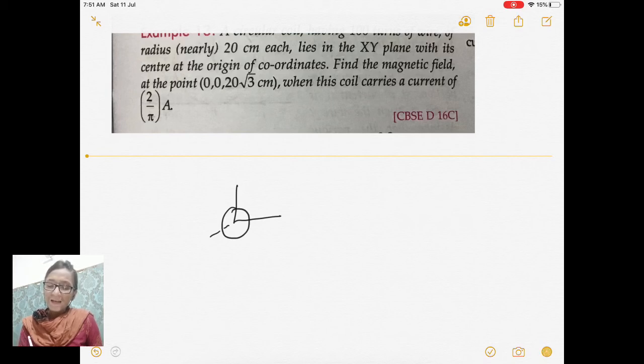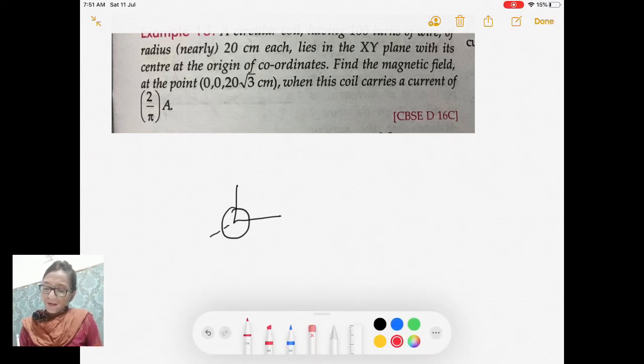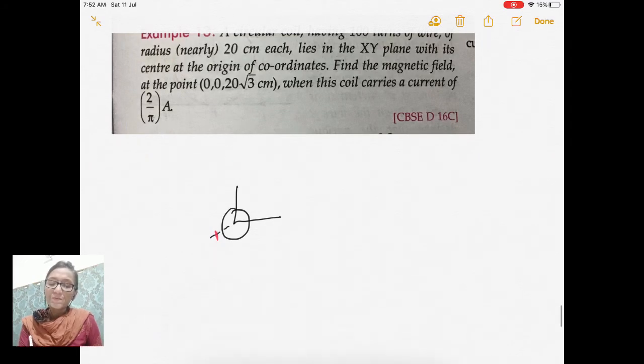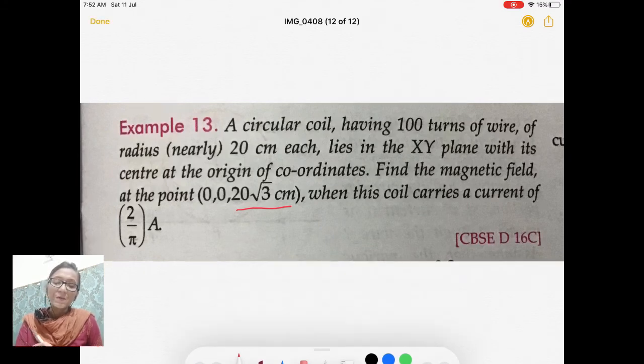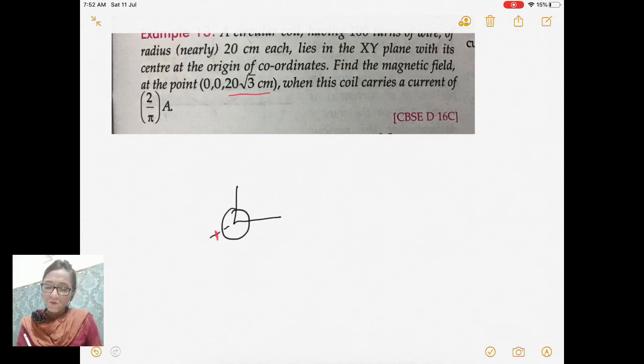So x coordinate is 0, y coordinate of the point is 0, but you have z coordinate along z axis at a distance 20 root 3 centimeter. So this distance given is 20 root 3 centimeter. And you have to find magnetic field at this point due to this circular loop.